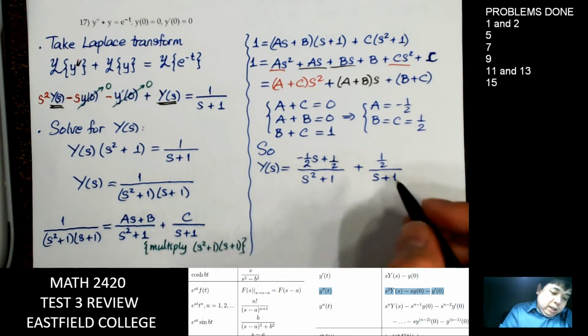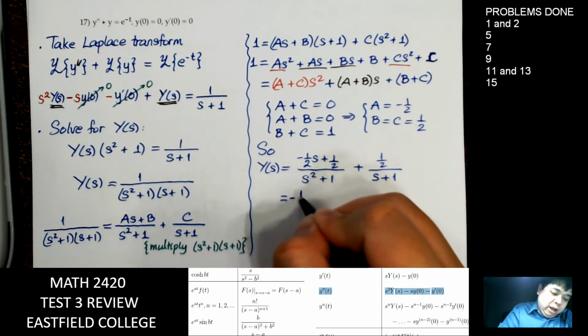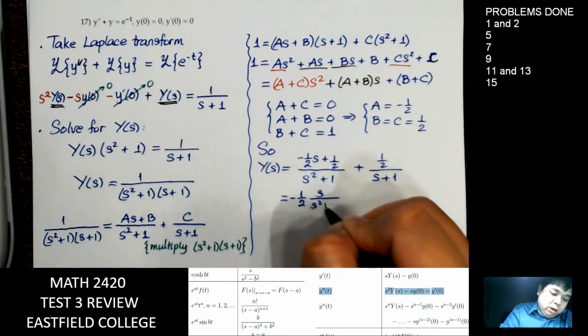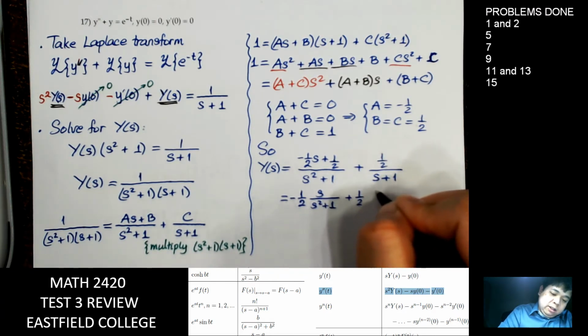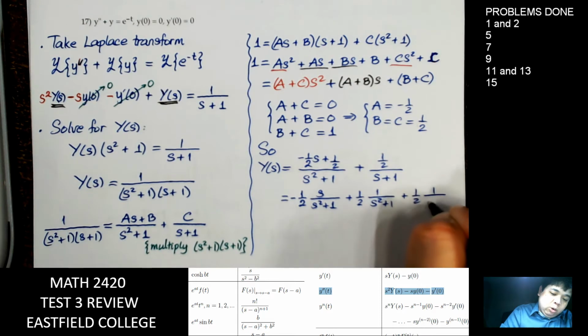Now we have the function. Of course, we can split it like this: negative 1/2 s over s squared plus 1, plus 1/2 times 1 over s squared plus 1, plus 1/2 times 1 over s plus 1.